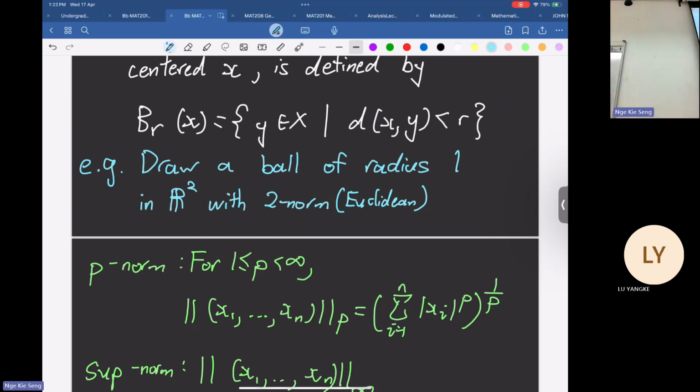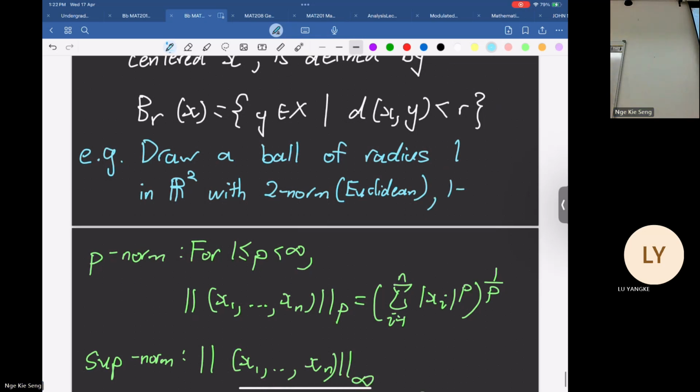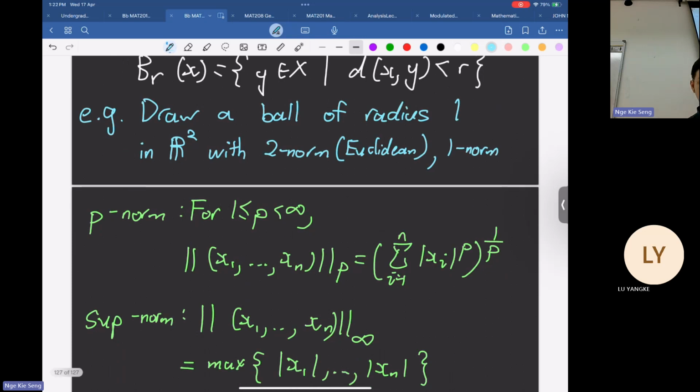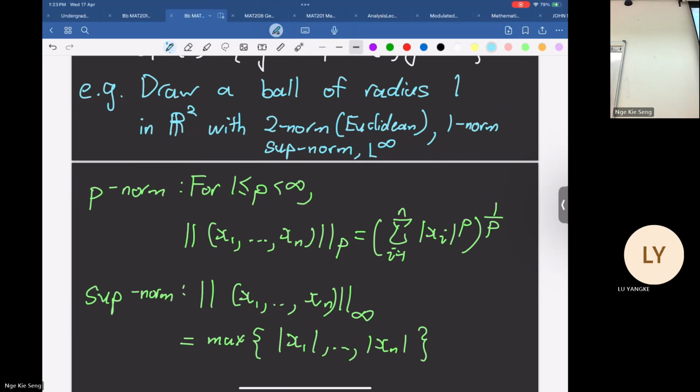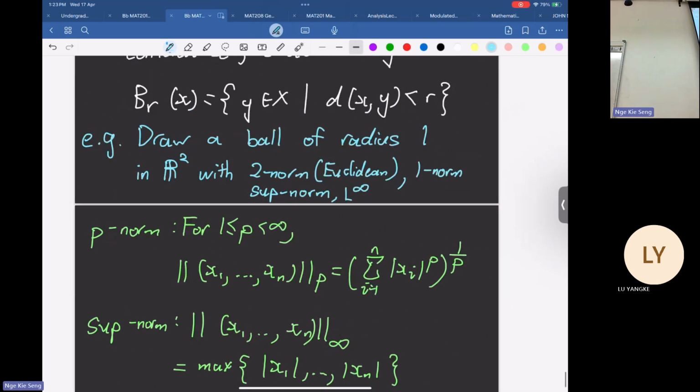And how about the 1 norm? And the sup norm, which we call L infinity. Try to draw how these balls look. I give you until 1:30 to discuss with your friend and draw 3 pictures: a ball of radius 1 in these 3 norms.